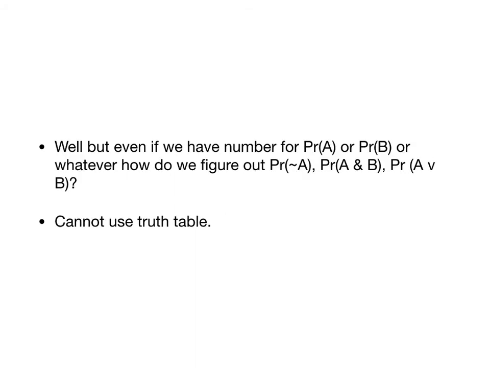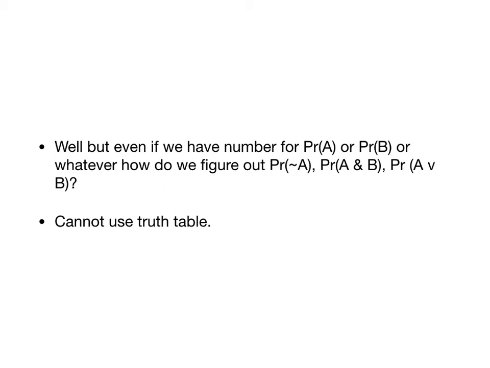Well, look. Even if we have a number for probability that A or probability that B, how do we figure out probability that not A? Probability that A and B, probability that A or B. Much less something more complicated like probability that A or B and not C, right?